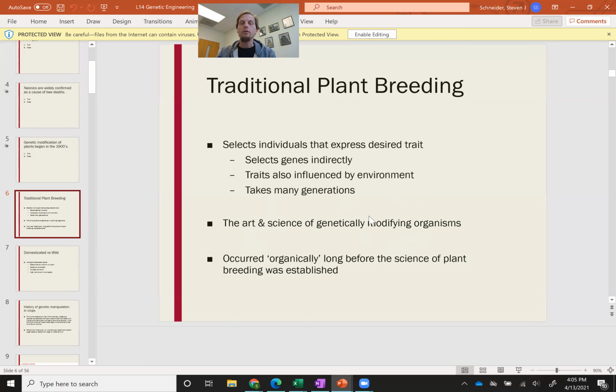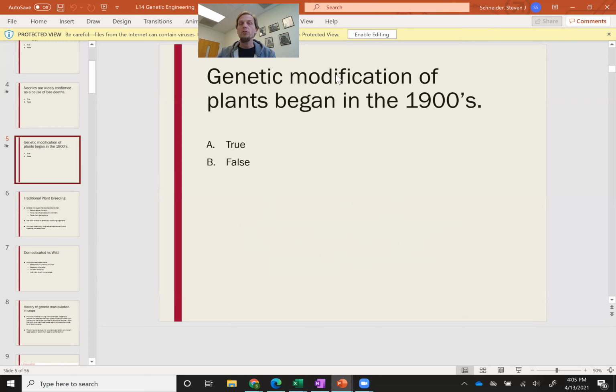We've long been genetically modifying organisms. If we interpret this to mean genetic engineering, taking genes that were not in that plant or animal naturally and would not have been otherwise, that is genetic engineering, and that started about the 1930s. So you just want to get a point of clarity there.